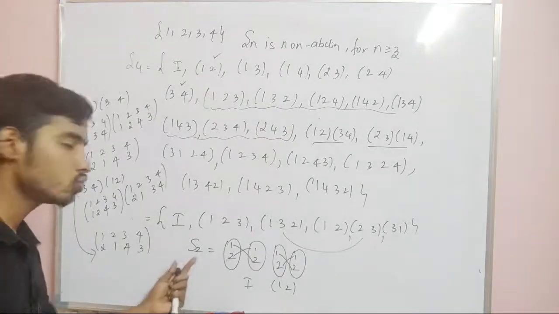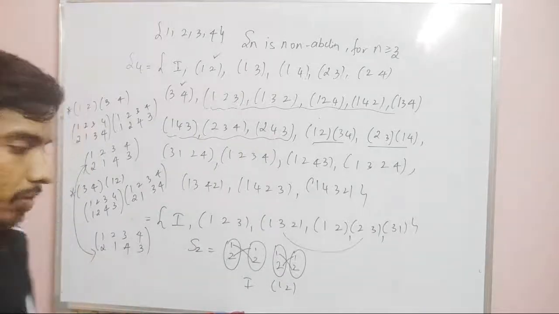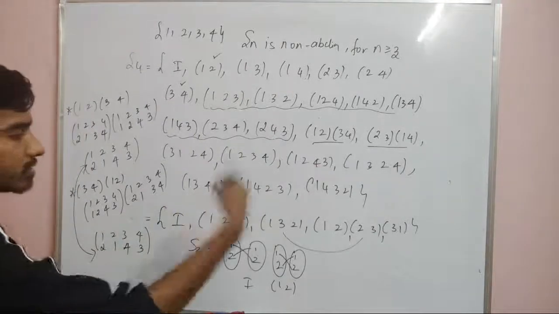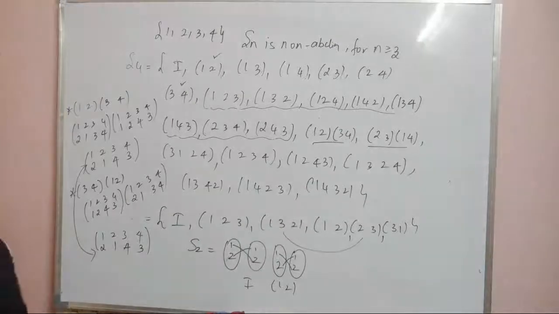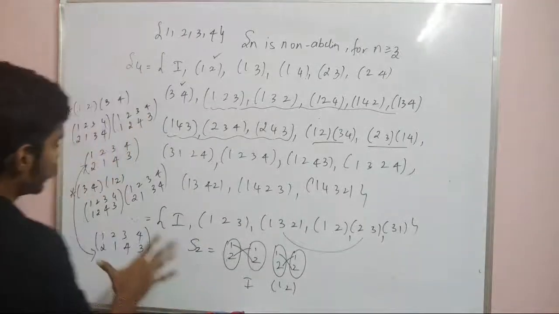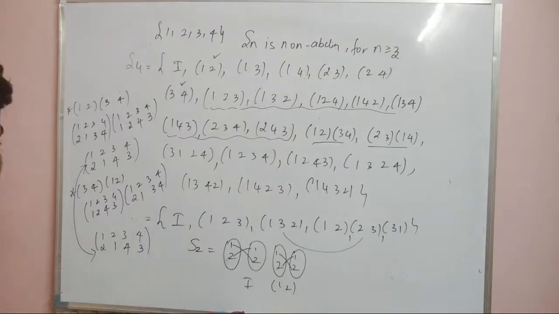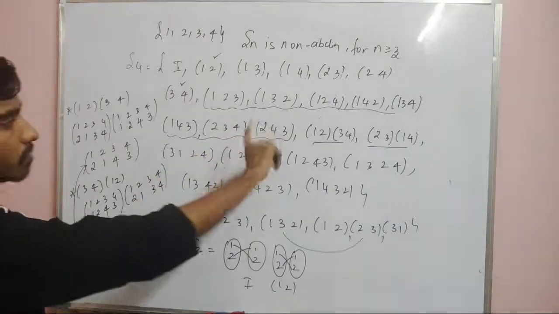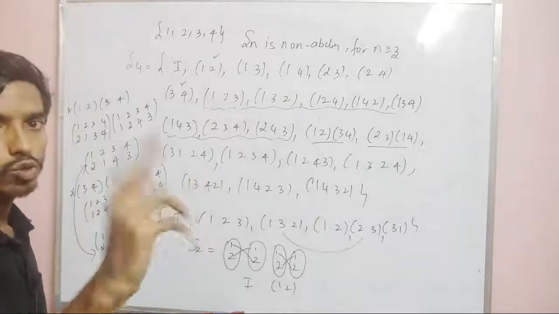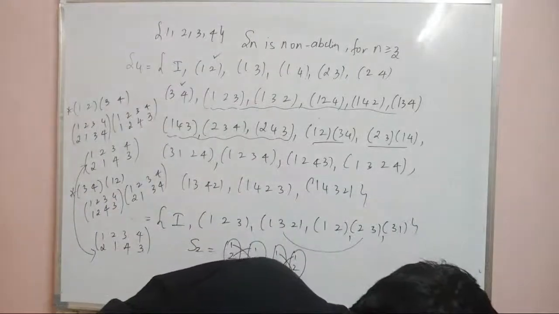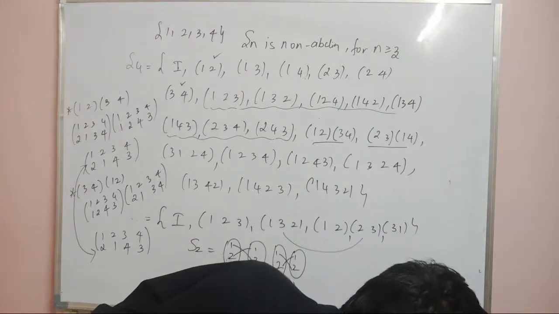You can see S3 is of order 6 and S4 is of order 24. So you know a transposition is a cycle of length 2, and two permutations will commute if the cycles are disjoint. So these are the two results that we see now, and you know how to find inverse, right? Yes.